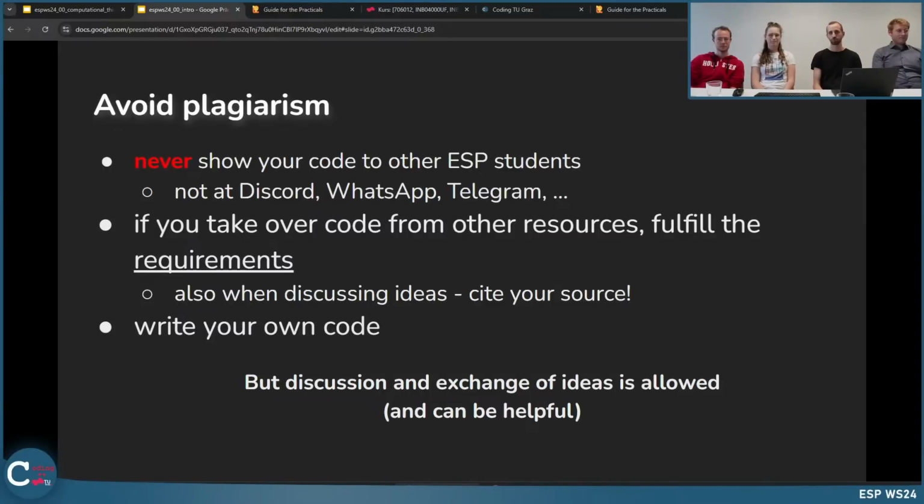But this shouldn't be much. It can be like 20 lines of code, 10 lines of code, and then you have to cite the source. Where do you have it from? Is it from ChatGPT? Is it from a discussion with your colleagues or whatever? But in general, you should not copy code or show code to others.